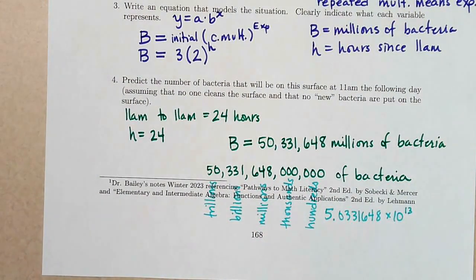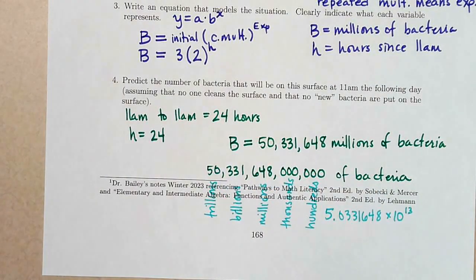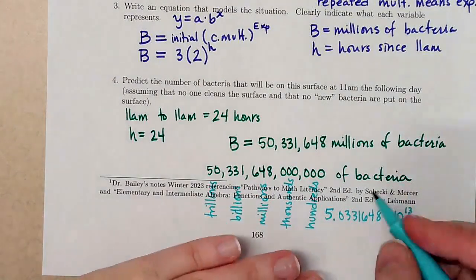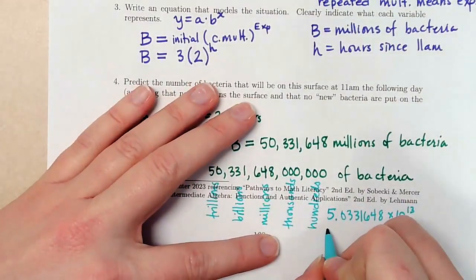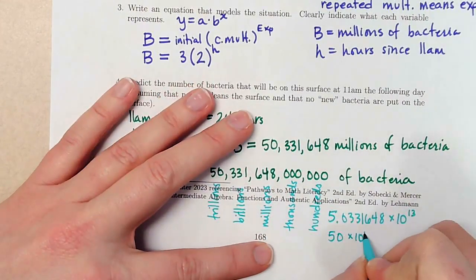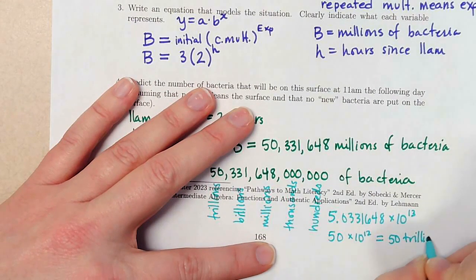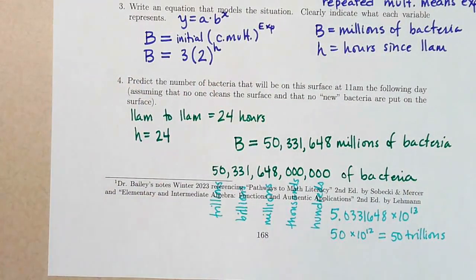I was thinking of this as 50 times 10 to the 12th, because 10 to the 12th is the single trillions place. Just so that we're crystal clear, 50 times 10 to the 12th is 50 in terms of language. Wow. That's a large number.